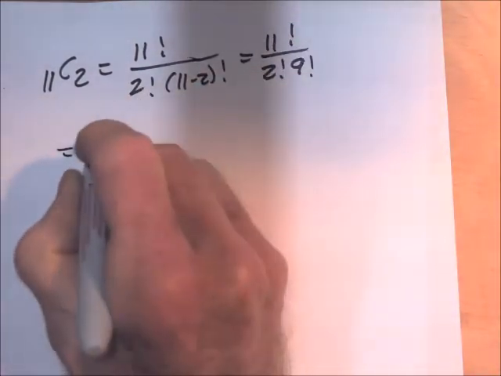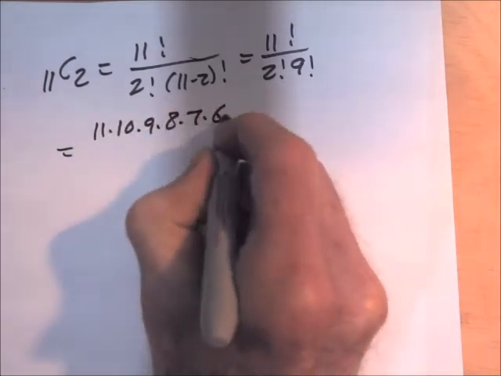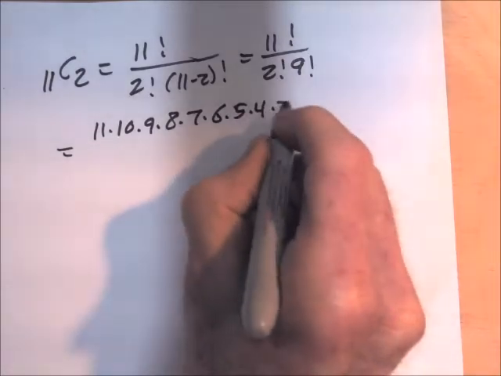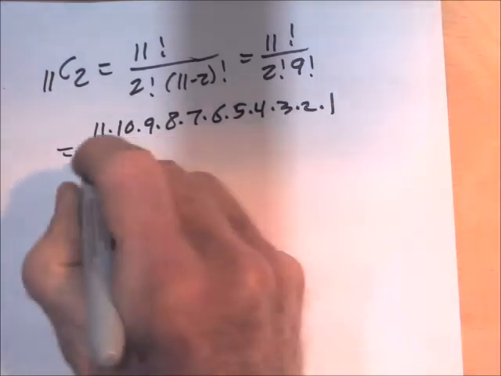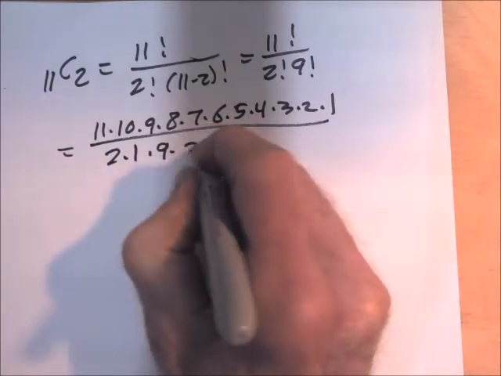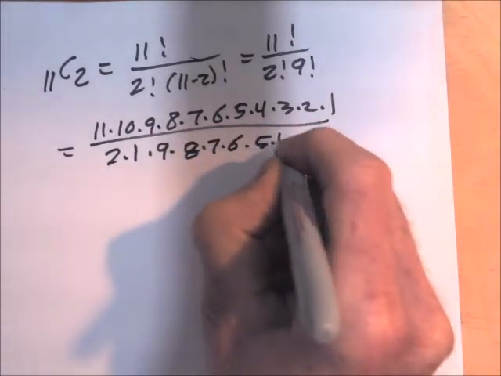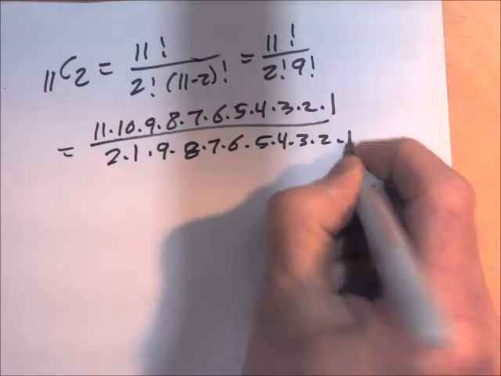That's 11 times 10 times 9 times 8 and so on down to 1, over 2 times 1 times 9 times 8 and so on down to 1.